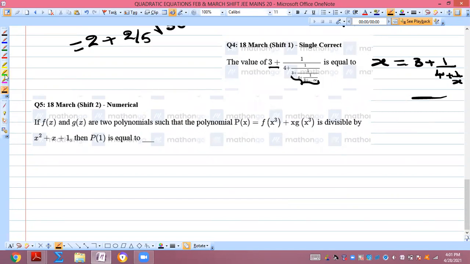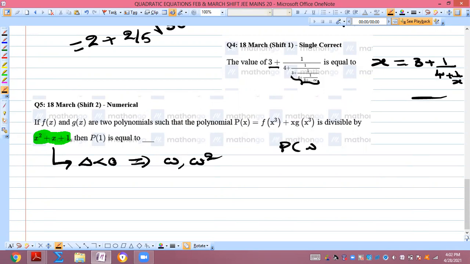They're saying that p of x is divisible by x square plus x plus 1. So we know that this discriminant is less than 0, and the roots for that are omega, omega square. That means the whole function divided by this quadratic is also divisible by omega and omega square. That means p of omega should be 0.